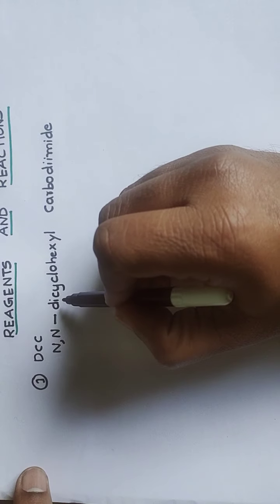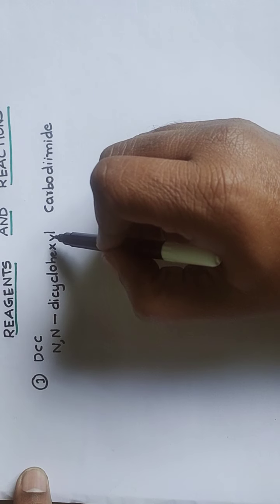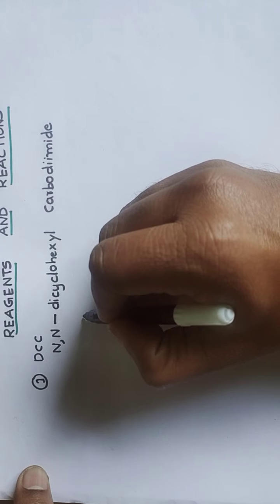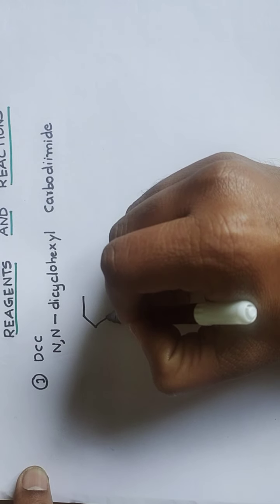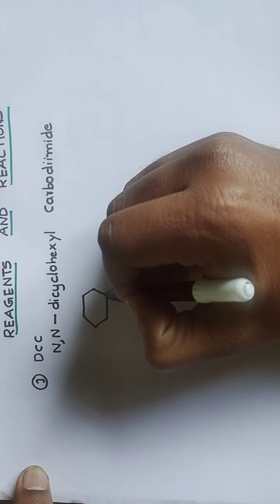I will tell you the structure of this DCC. It is dicyclohexyl, so there will be two cyclohexyl rings.